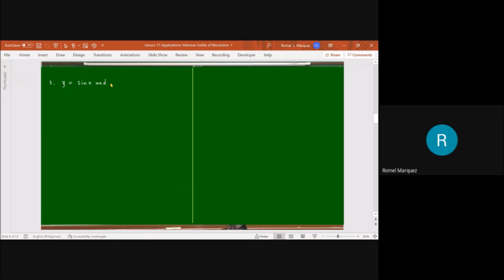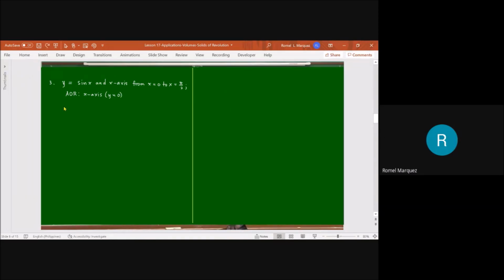And the x-axis, I want the area to be revolved, bounded by y equals sine x and the x-axis, from x equals 0 to x equals pi over 2 only. The axis of revolution, I want it to be, again, the x-axis. That is the line y equals 0.